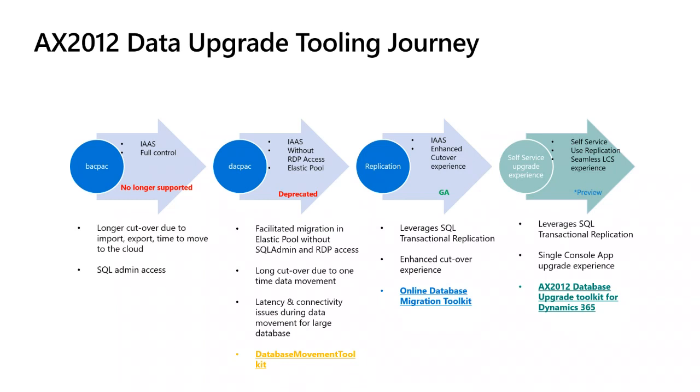That process has been there for quite some time. There were a few challenges again with the bacpac process as it was a one-time data movement. So it didn't actually solve the long cutover downtime window problem, right? It had some latency and connectivity issues during data movement for large customers or large size of database.